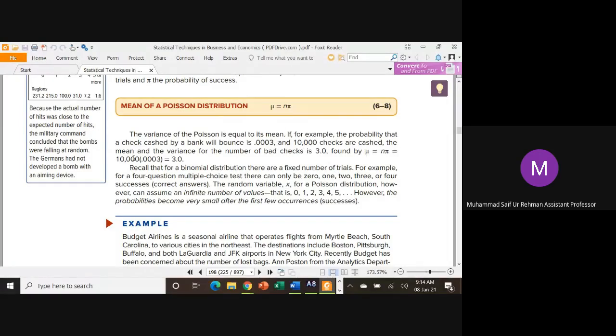The mean and the variance for the number of bad checks or bounced checks is 3. And how will you calculate this? Simply, you will multiply n with p. So n is 10,000 and p is given as 0.0003. So the answer is 3. So this is your mean average, the value for mu.